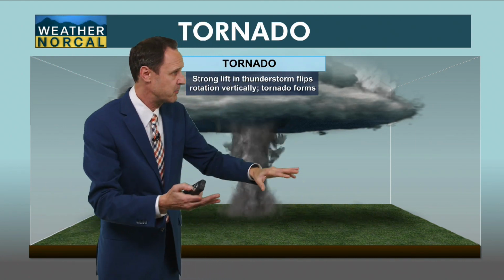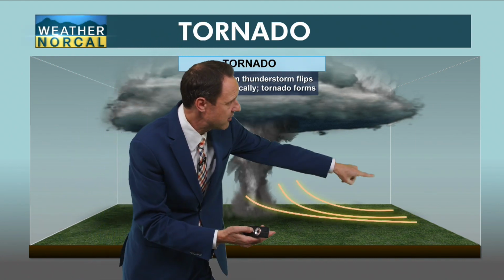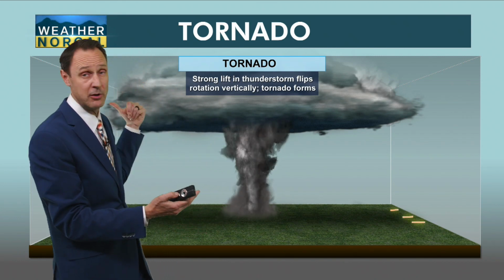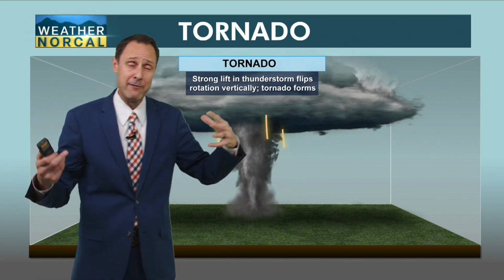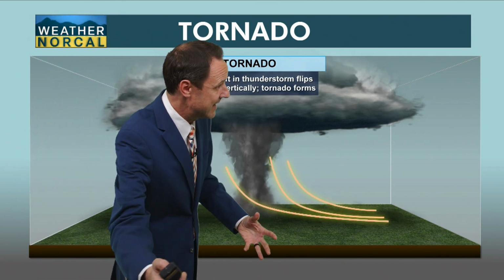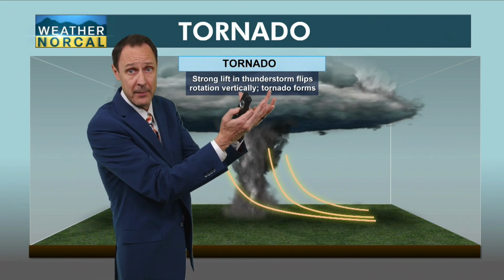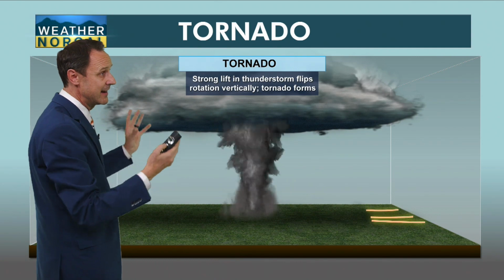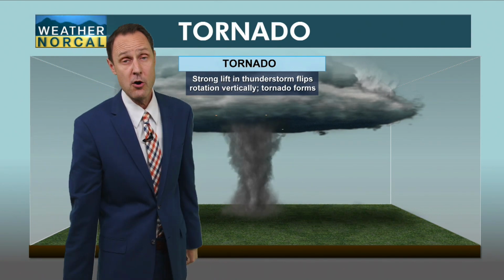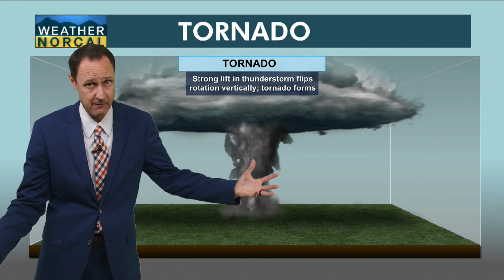You're going to see branches break off, get caught up within that flow, sucked up into the tornado, spun around and then maybe blown off in different directions, right? If you have large debris that gets caught up in that flow, it gets lifted up, gets caught up in that rotation and can get flung sometimes over a mile from the tornado itself.